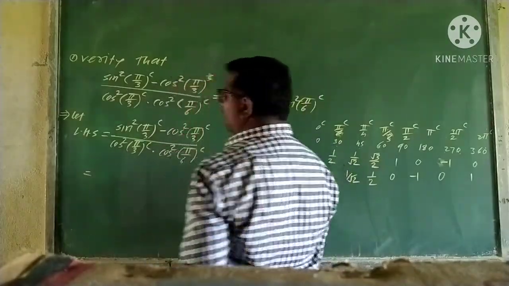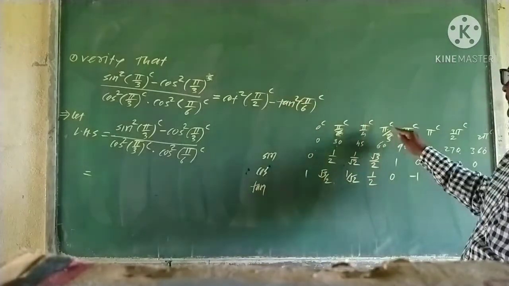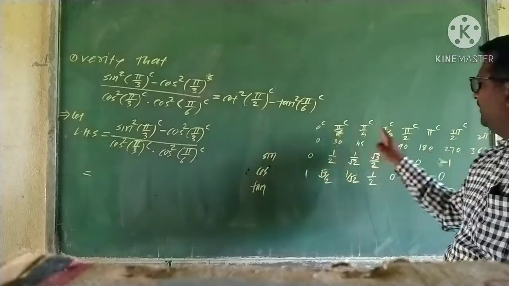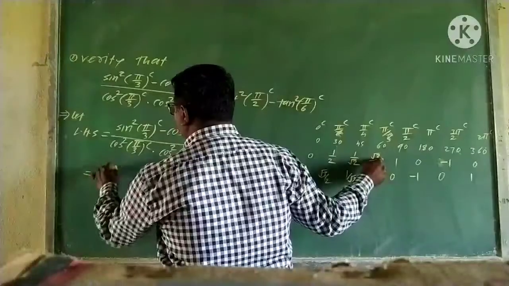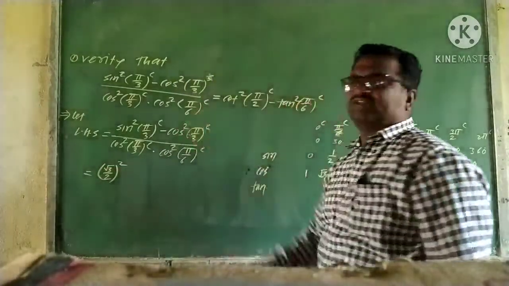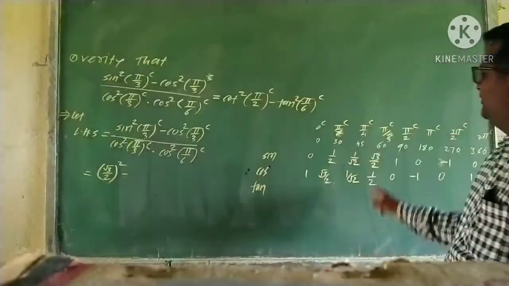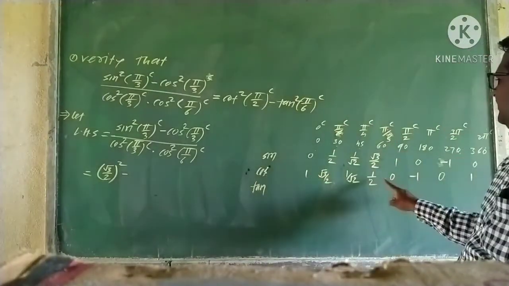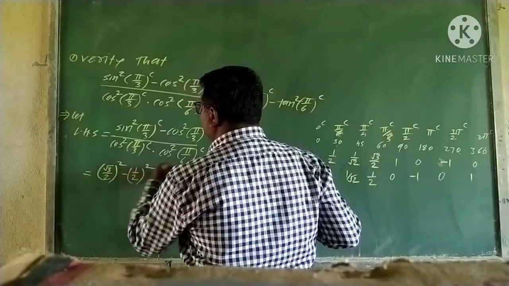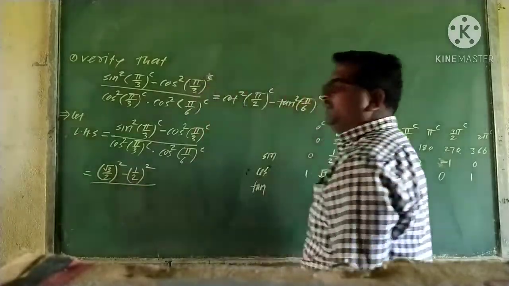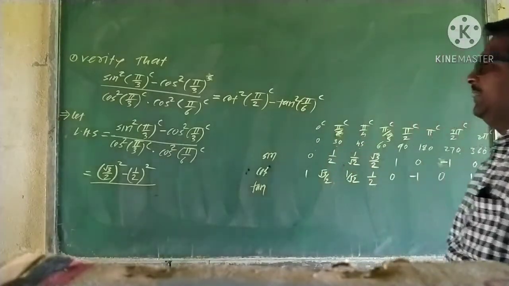Now here we have to put in the values. Sine of pi upon 3 is square root 3 divided by 2, and it is squared because we have sine square, minus cos of pi upon 3, which is equal to 1 upon 2, squared because we have cos square, divided by cos square of pi upon 3.